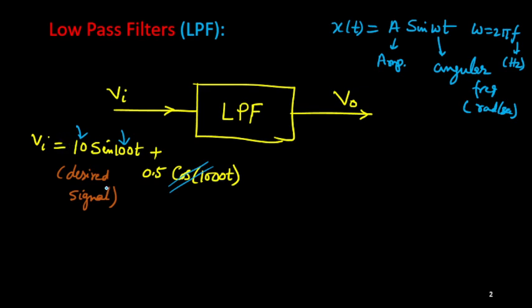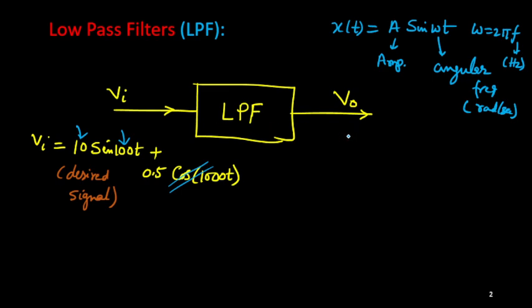So we need one system to remove this high frequency component. Compared to 100 radian per second, 1000 radian per second is comparatively high, so if we wish to remove it, we need to use a low-pass filter.